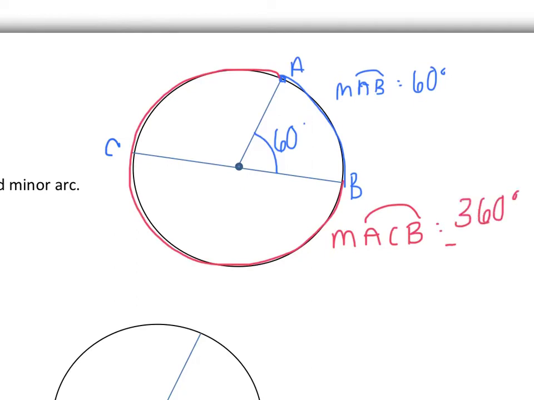Remember, there are 360 degrees in a circle, so that's where the 360 is coming from. If you take away your 60 degrees from your associated minor arc, that will give you the measure of your major arc, which is 300 degrees. So arc ACB would be 300 degrees.